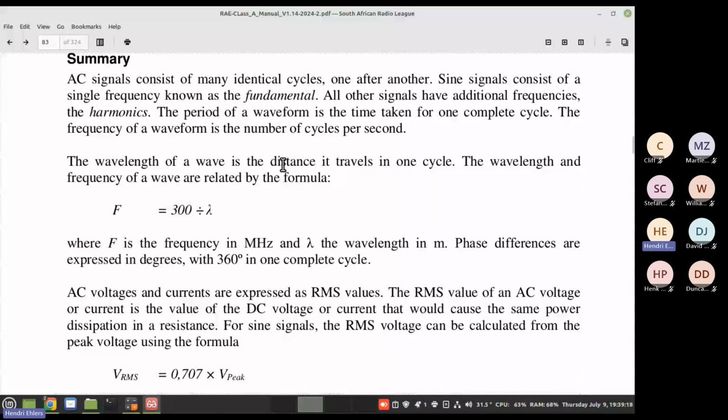The wavelength of a wave is the distance it travels in one cycle. The wavelength and the frequency of a wave are related by the formula, where F is the frequency in megahertz, lambda is the wavelength, and M is the wavelength in meters, sorry.